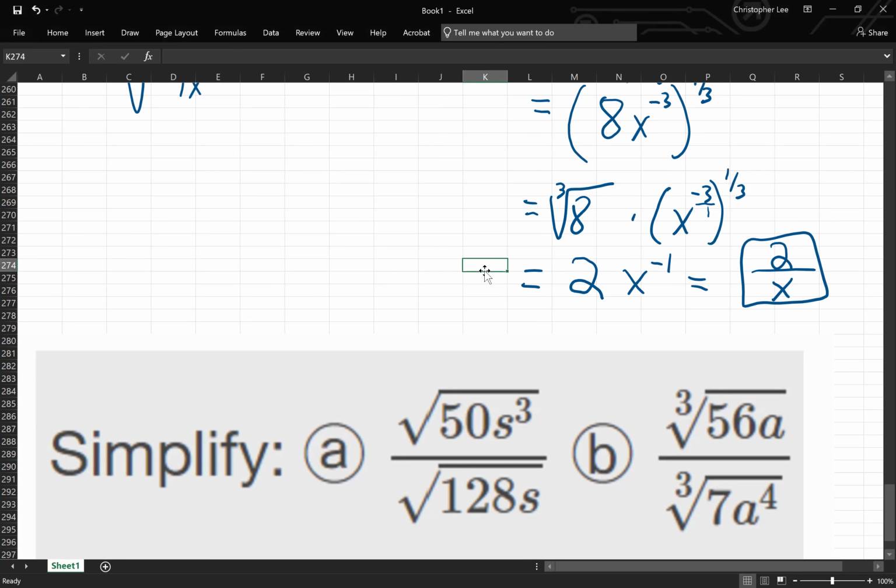So the easiest way to do this: write the fraction under a single radical, simplify the radicand, and then apply the square root, or whatever root power, onto every item in the term, every piece of the term.